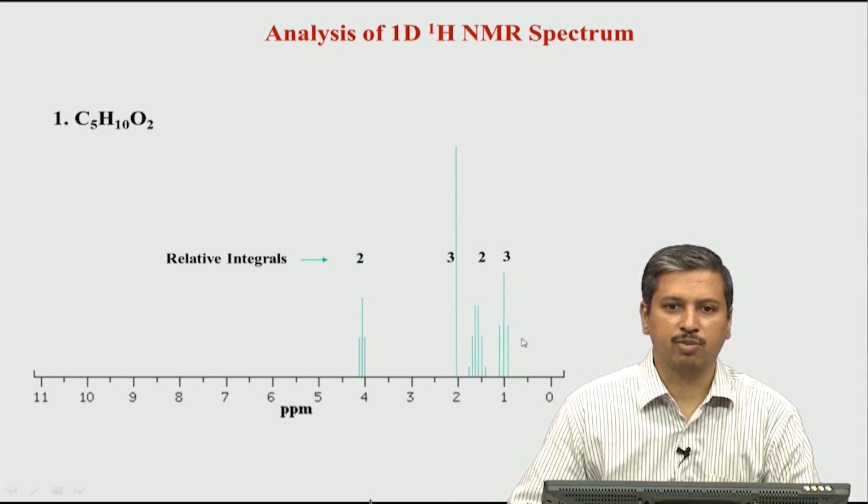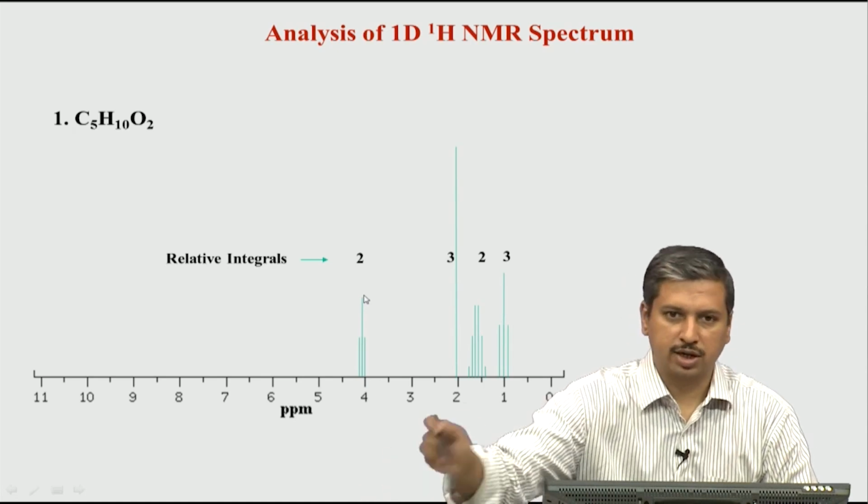Recall the general ranges of chemical shifts from the last class: if oxygen is attached to a carbon, the hydrogen on that carbon is shifted downfield because of the oxygen, and this peak could be coming from an OCH kind of moiety.